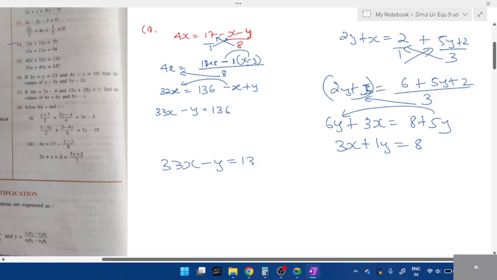Use normal method. Which one shall we eliminate? Both are 1. 36x is equal to, add this, find x and y.